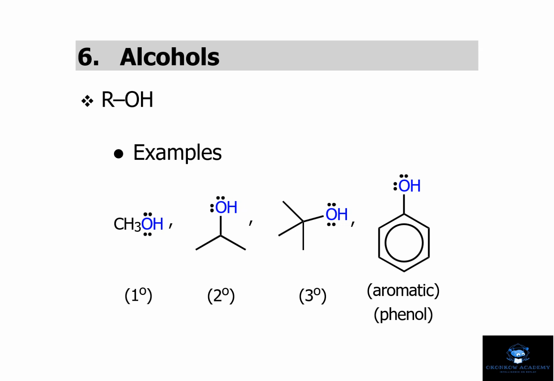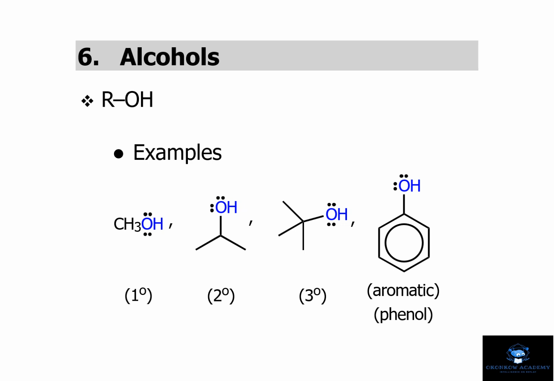Now, let's talk about alcohols. Alcohols have the general structure ROH, a hydroxyl group attached to an alkyl group. Like alkyl halides, alcohols are classified as primary, secondary, or tertiary based on the substitution of the carbon bearing the OH group.